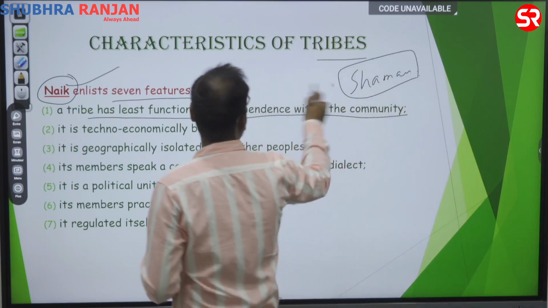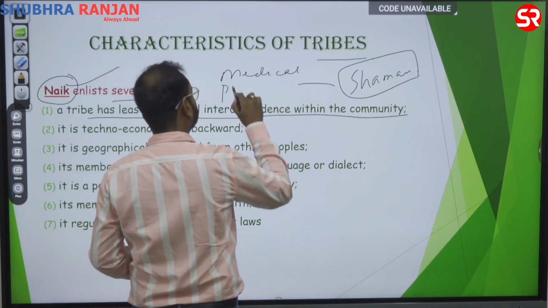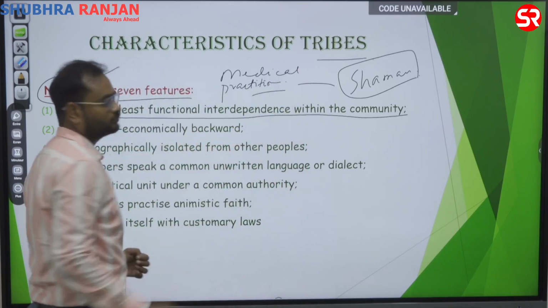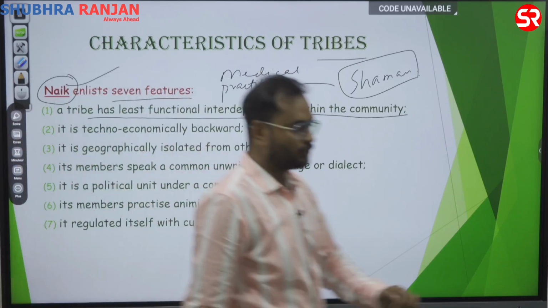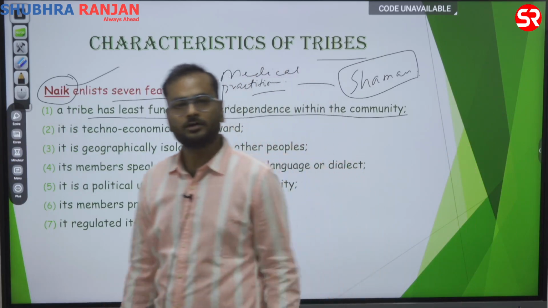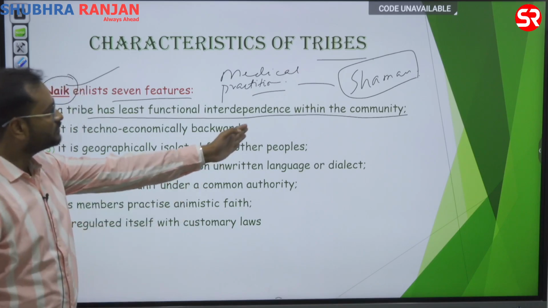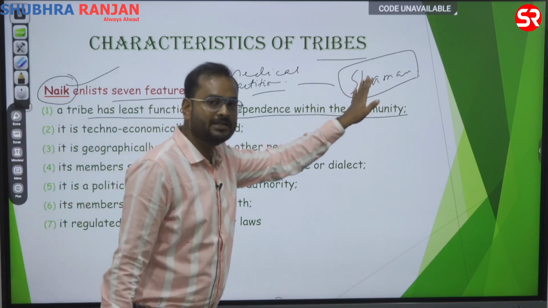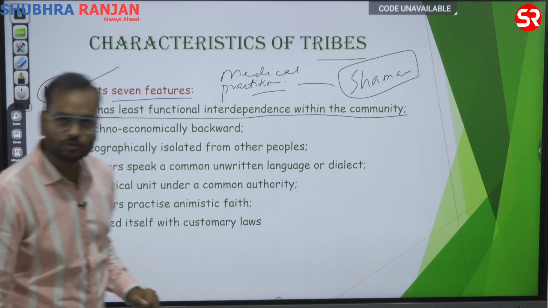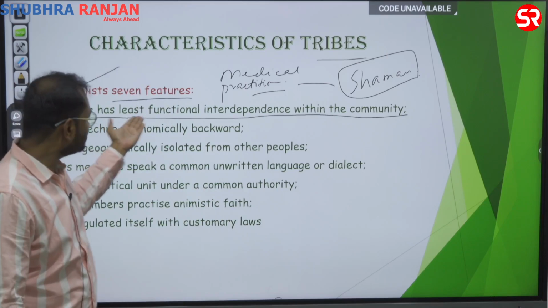In some cases, he is also a medical practitioner. Okay. So what does a shaman do? The shaman does the same thing what a doctor does in our modern institutions, isn't it? That means when this shaman is absent in some tribal communities, the tribe will fail to thrive. And this is what this point says: a tribe has at least functional interdependence.